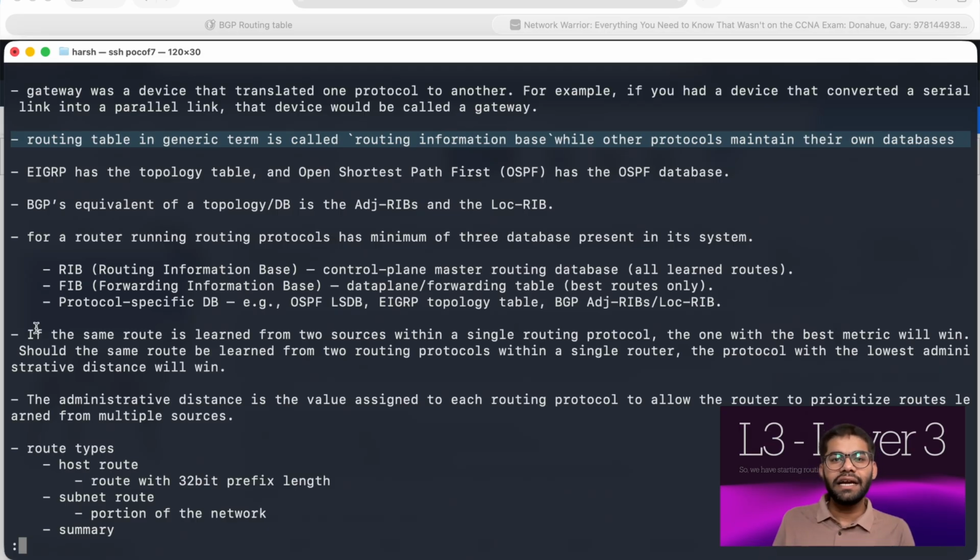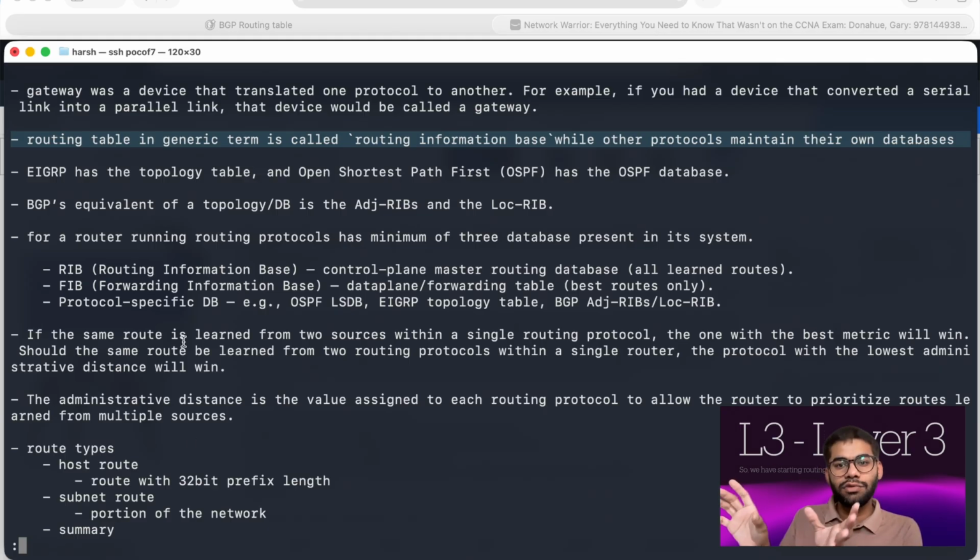In order to decide which route is to be installed in the RIB, note that when a route is advertised by two different protocols, they do get added in their databases. For example, learning the same route with OSPF will automatically enter it into the OSPF database, while learning the same route using EIGRP also adds it to the EIGRP local table.